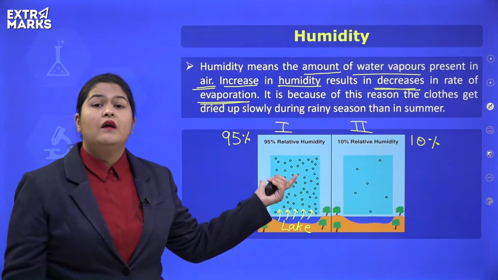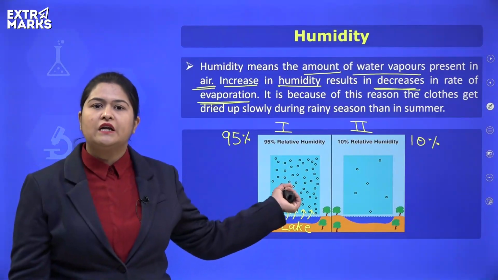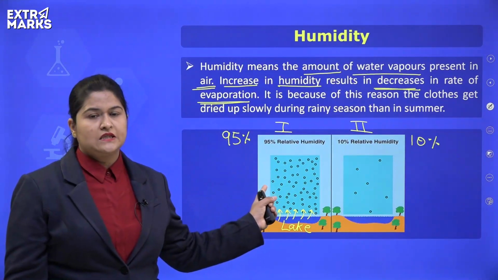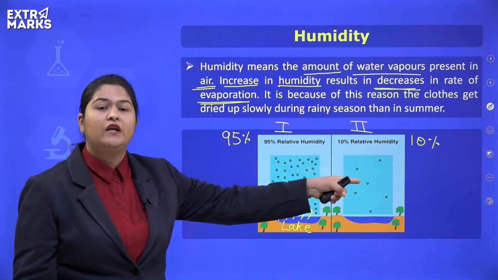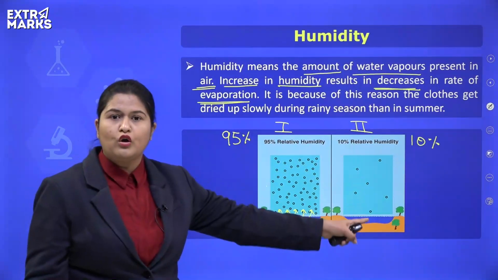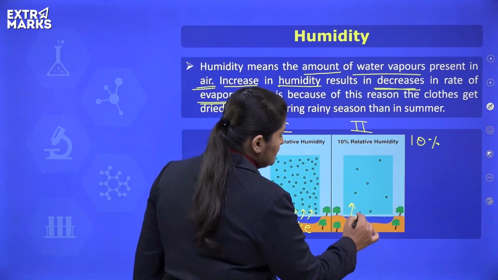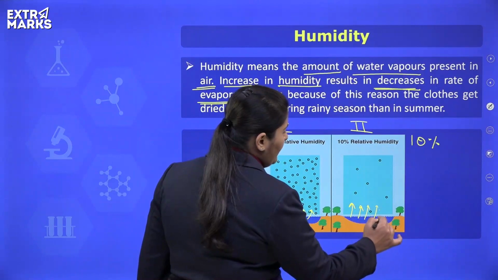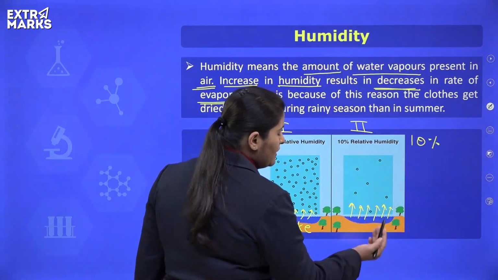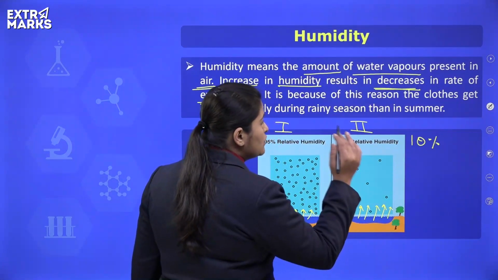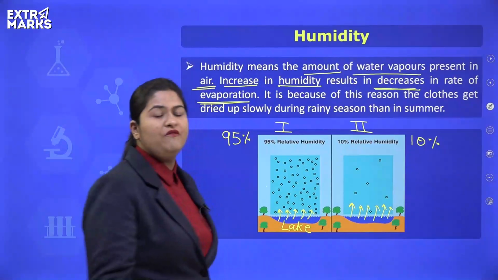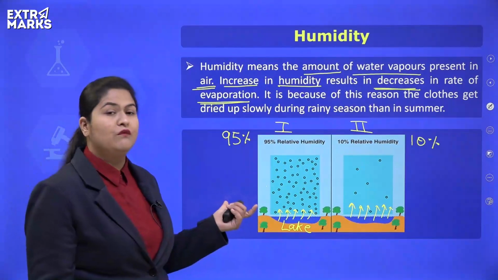So the speed at which new water vapors enter this air decreases. On the other hand, when the humidity, the amount of water vapors, is less, the water vapors from this lake will be able to enter the surrounding air easily as well as quickly. So in the second case, the evaporation will be faster and in the first case, the evaporation will be slower.